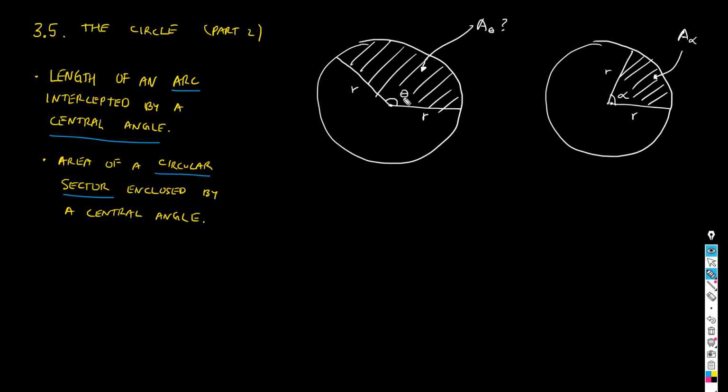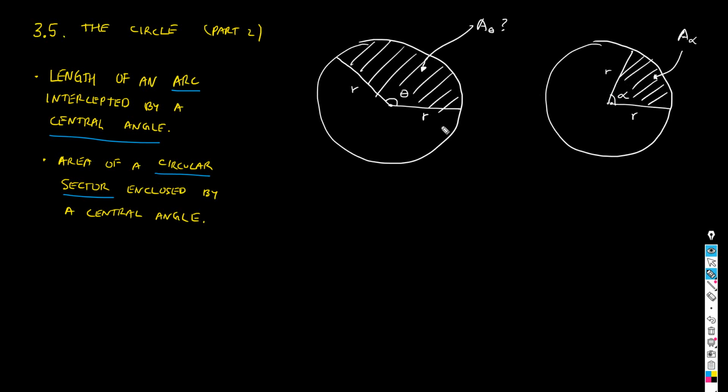What that means is this. If theta is twice alpha, then the area of the sector enclosed by theta, which is all of this stuff, will also be twice all of this stuff. You see? Or any other ratio. If theta happens to be 3 times as large as alpha, then the area of this sector will be 3 times as large as this sector.